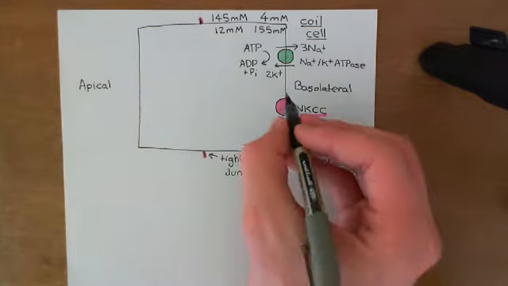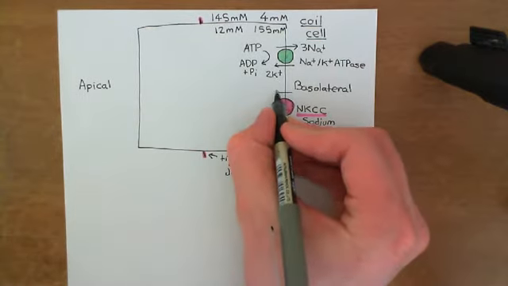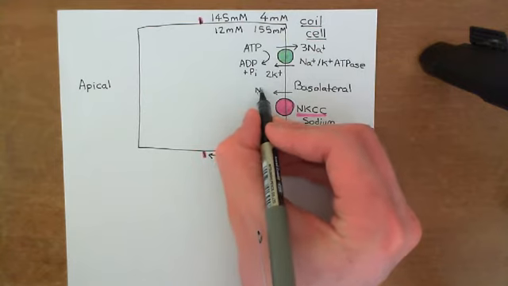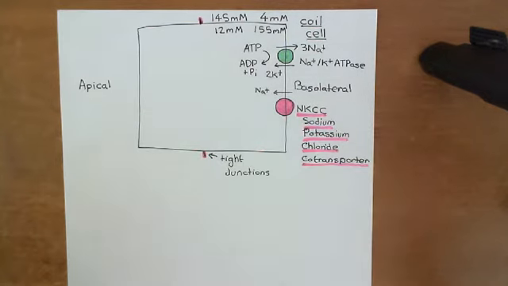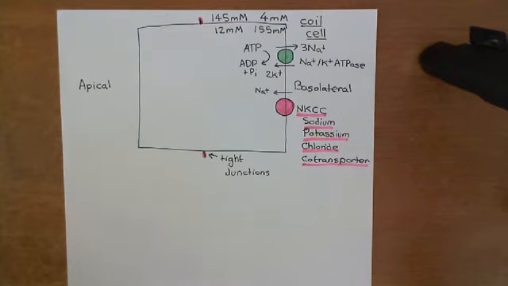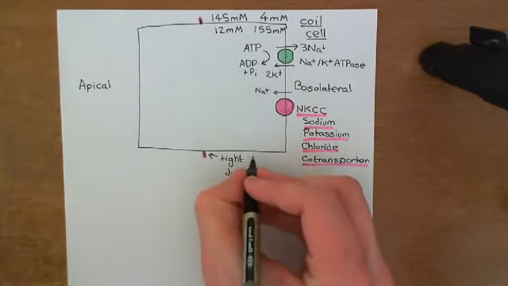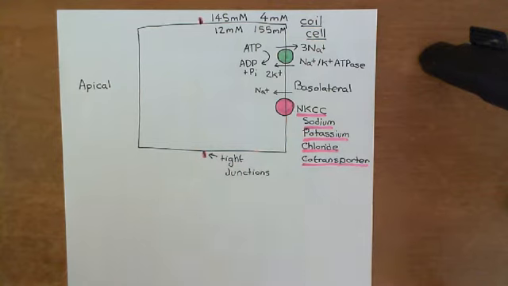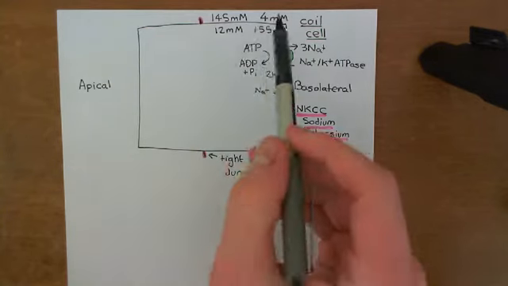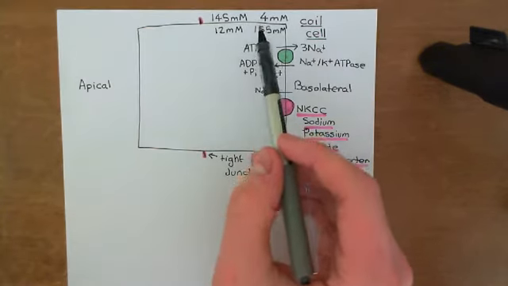So what you're going to do is bring one sodium into the cell. Now the sodium will be coming down its electrochemical gradient. What does that mean? Basically, it's not just about the concentration gradient. When you consider whether something wants to move in or out of the cell, you have to consider more than just the concentration gradient across the cell membrane.